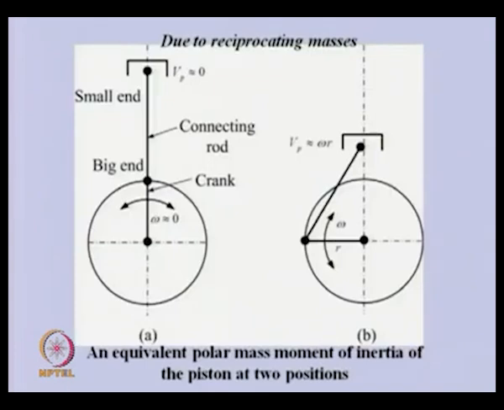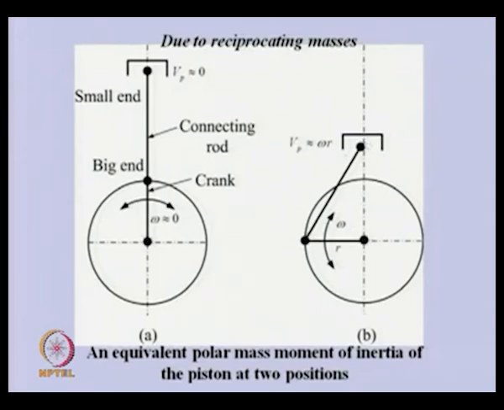Now, coming to the reciprocating mass. Let us see this particular engine, which is nothing but the crank, connecting rod and the piston. You can see in this configuration, this is one of the dead ends of the piston, and this is another configuration in which the crank is making 90° with the previous one.